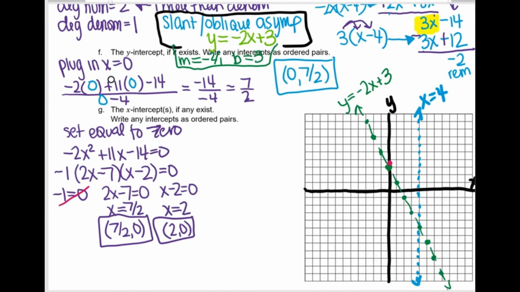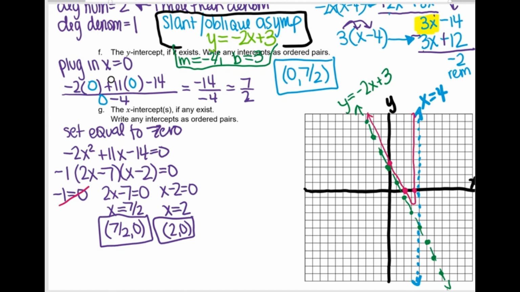We have 2 comma 0. So let's see, 1, 2 comma 0 is here. And we have 7 halves, which we said was 3.5, comma 0. So up above, we're going to come down close into this y and then shoot back up.